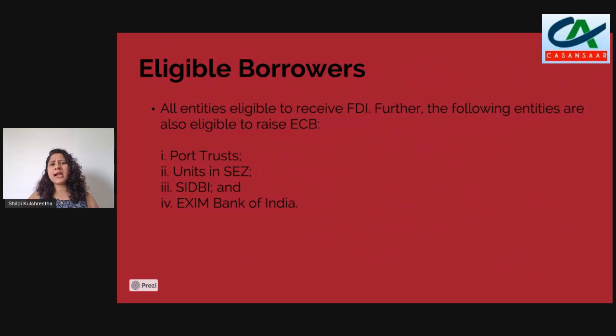All the entities eligible to receive FDI are eligible to take ECBs, external commercial borrowings. Apart from that, Port Trust, Units in SEZ, SIDBI, and Exim Bank are certain names of entities apart from the corporate entities, apart from the entities who are already eligible to get FDI, foreign direct investment.